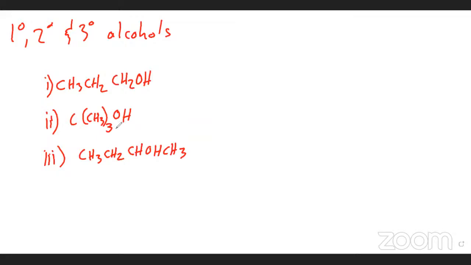Tertiary, sir. All right, once it's at the end of the chain, it's primary. Just to note that this one is not. Let's draw the structure, right? So we have a carbon with 3 methyl groups.